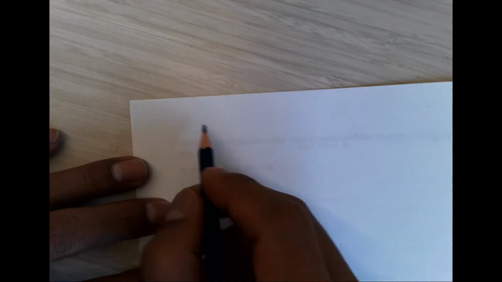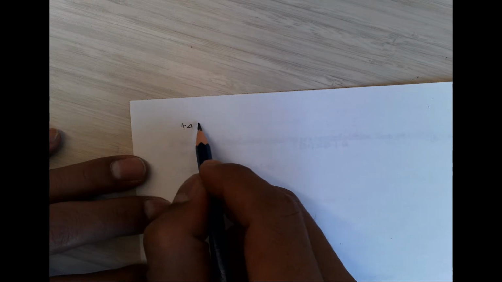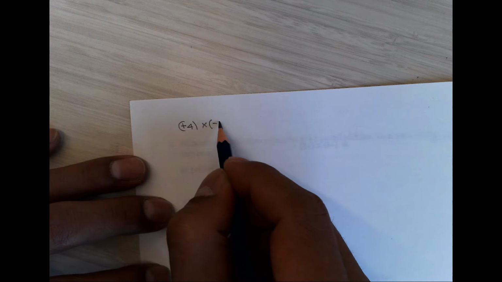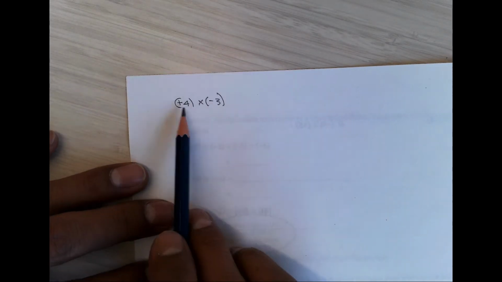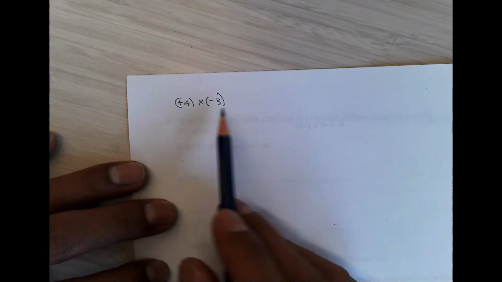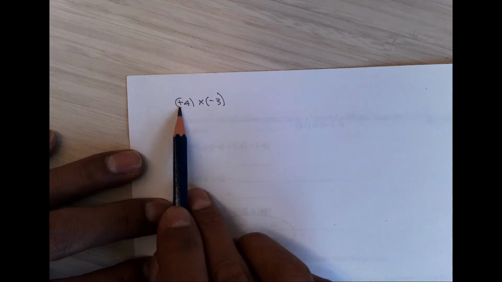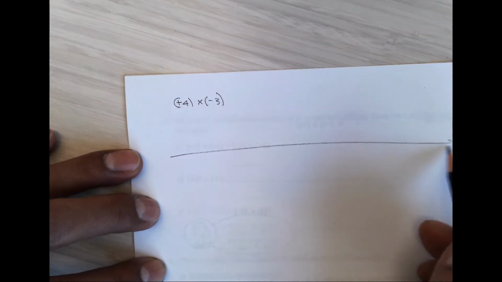The first thing, it should actually read as positive 4 times negative 3, not just 4 times negative 3, because if we're dealing with integers here, there should be a positive 4 there. So how do you model this on a number line? First of all, you have to understand that this first number, whatever sign it has on it, depends on the stick model that we have.